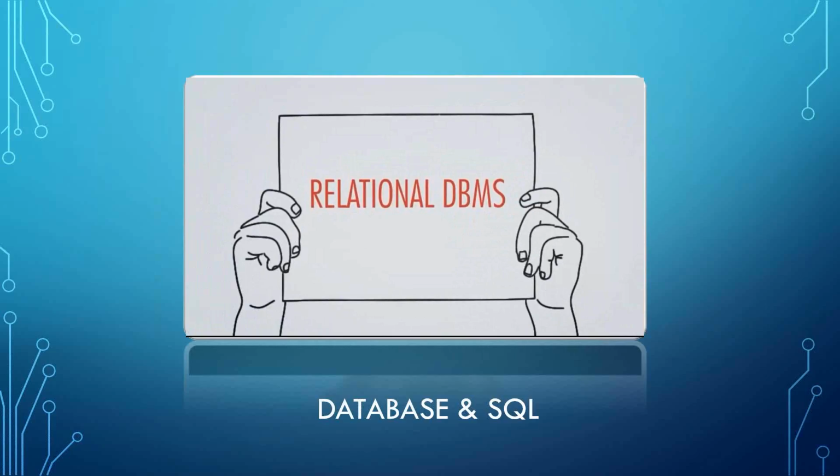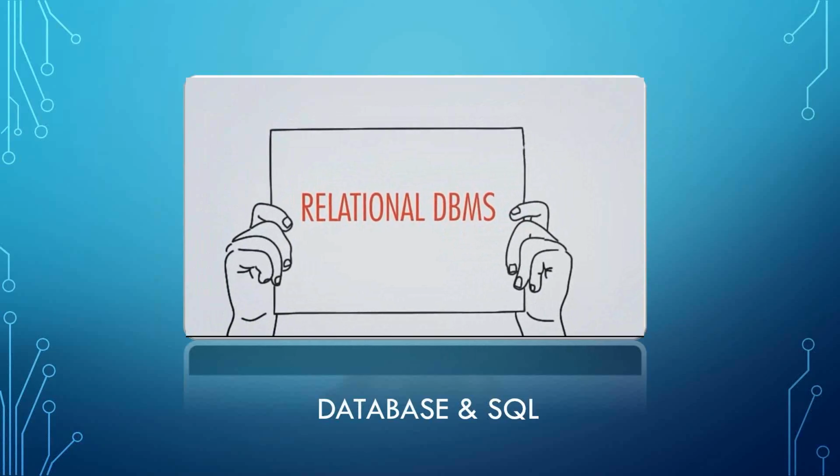Unlike the network DBMS, RDBMS does not support many-to-many relationships. Relational DBMS usually have predefined data types that they can support. This is the most popular DBMS in the market. Examples of relational database management systems include MySQL, Oracle, and Microsoft SQL Server.